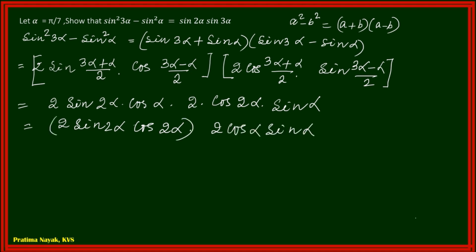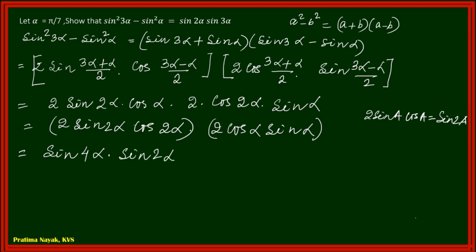Then again this can be written in simplified form, applying the formula 2 sine A cos A is equal to sine 2A. So the first one will be sine of twice 2 alpha, that will be 4 alpha, and the second one will be sine 2 alpha.